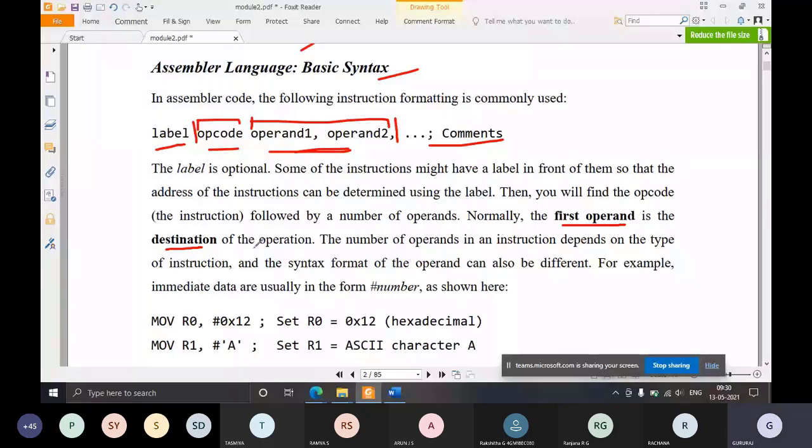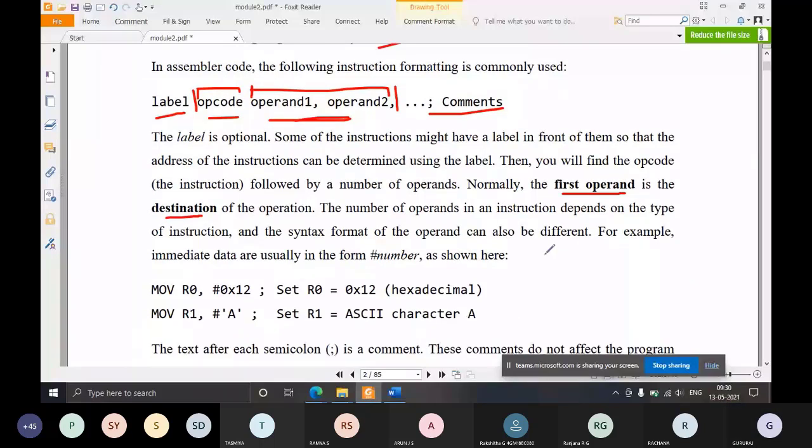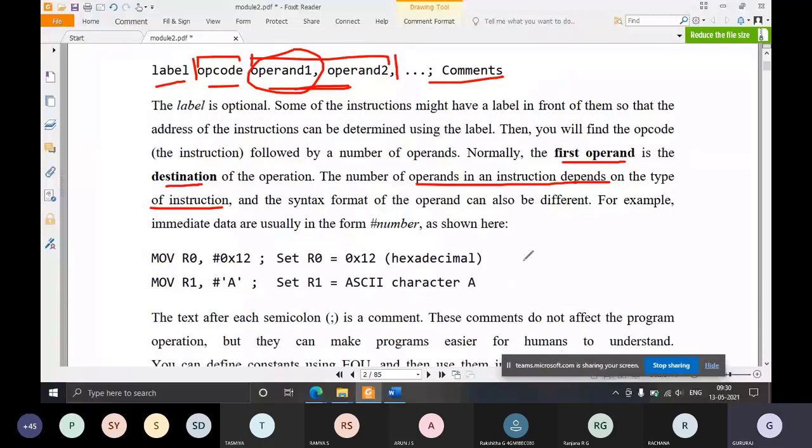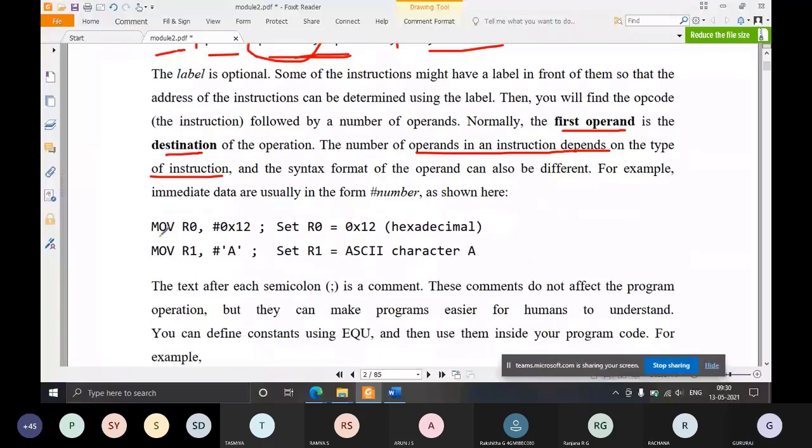The number of operands depends on the instruction type, so it can be 1, 2, or 3 depending on the instruction we are trying to execute. But remember, the first operand will usually be the destination. The example is given here.